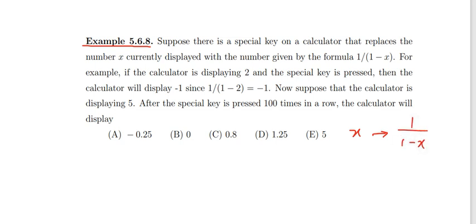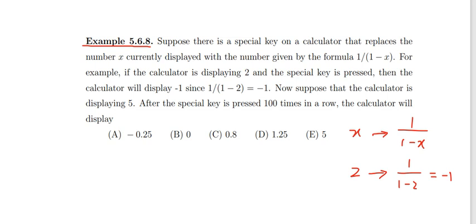If you push it, the change is like this. For example, if x equals 2, then 2 changes to 1 minus 2, which becomes negative 1, right? So if the display shows 2 and we push this key, we get negative 1.